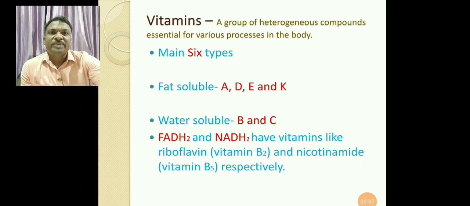In the Krebs cycle or in glycolysis, the processes which we already know, FADH2 and NADH2 are formed. These components contain vitamins: riboflavin, vitamin B2, in FADH2, and nicotinamide, vitamin B5, in NADH2.